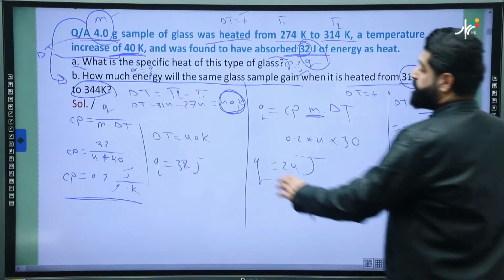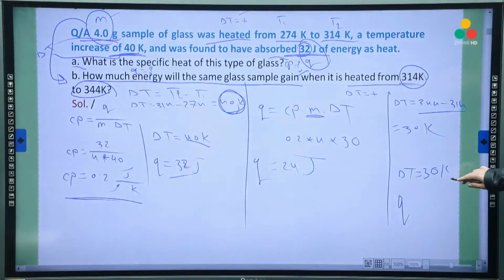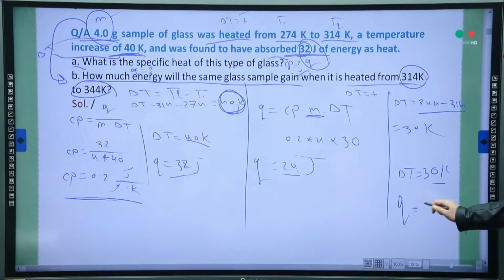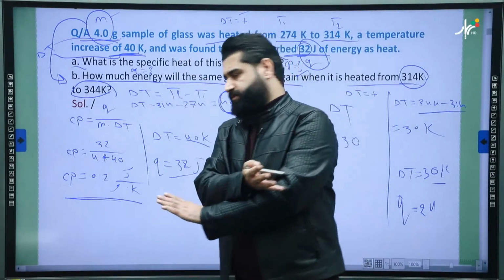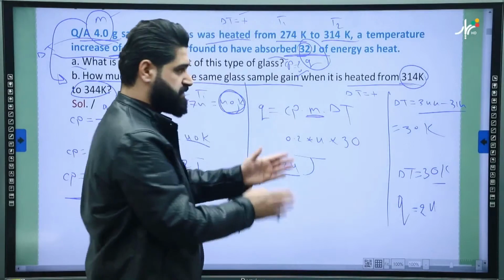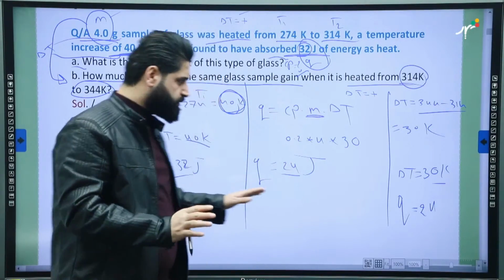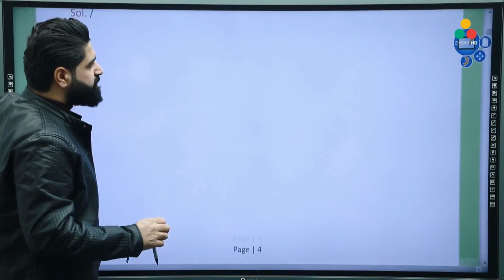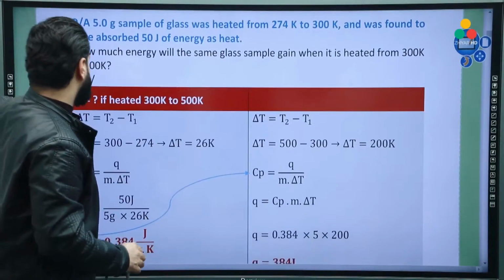Look, we heat it by 40, it absorbs 32. But now, if heated by 30, it must absorb a smaller amount. Look, yeah, it's true. 24. I know the fast way, but I don't want to mention it, the cross method between delta T and Q. If delta T equals this, Q is this. Is delta T cross? No. So stay far away from that kind of fast way.